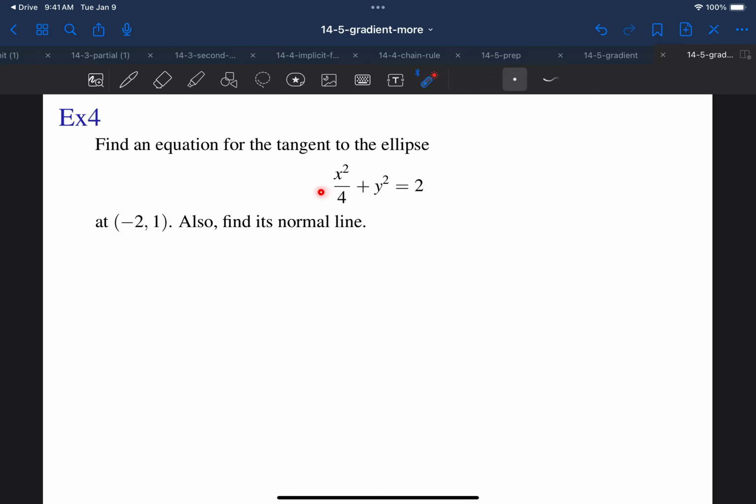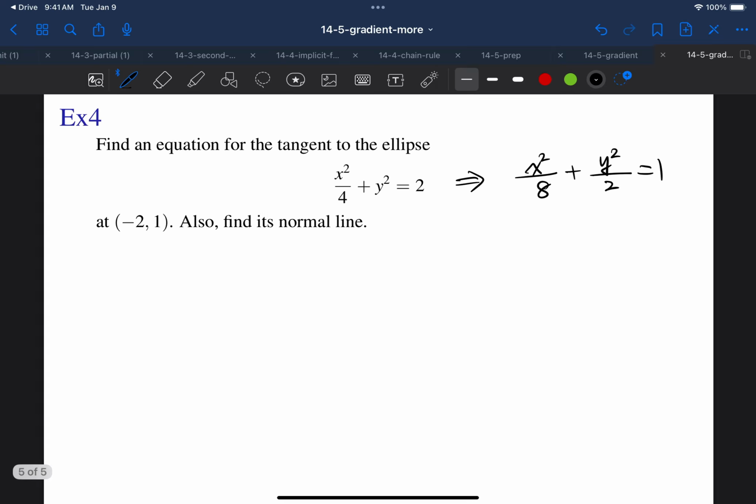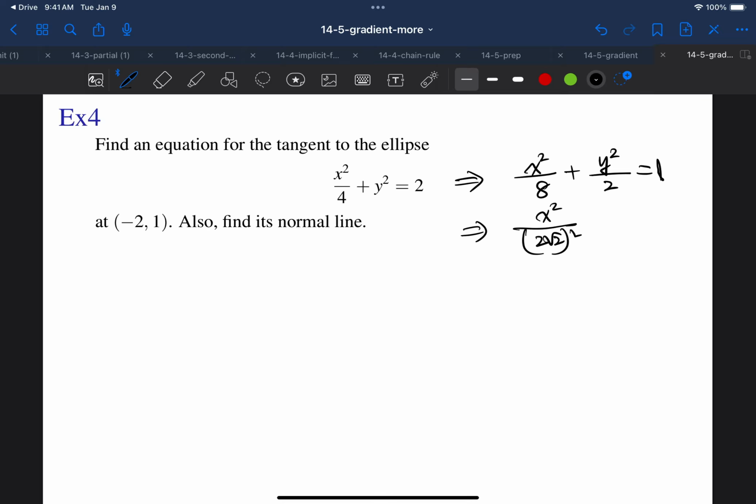First, you want to know what kind of curve you have. This kind of curve usually yields ellipses, and the standard form is the following. You normalize the right-hand side into 1, and this gives you the standard form: x squared over 2 squared plus y squared over the square root of 2 squared equals 1.